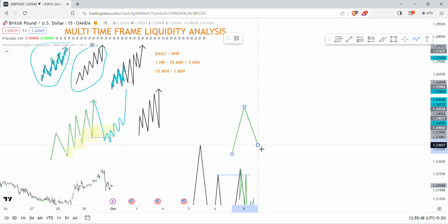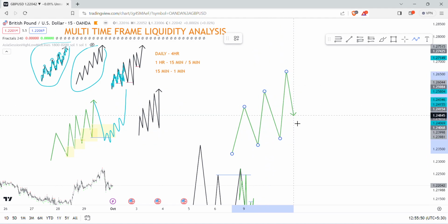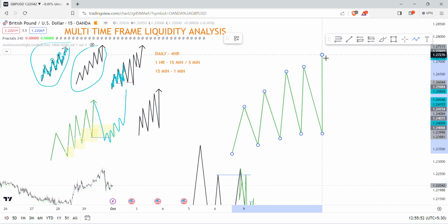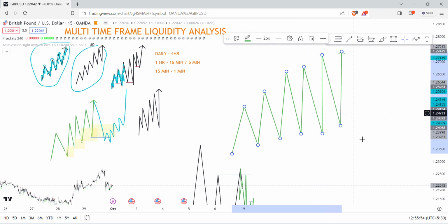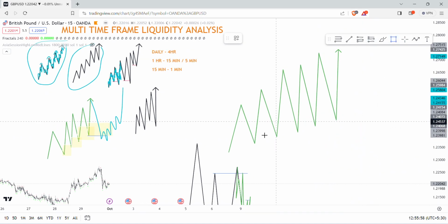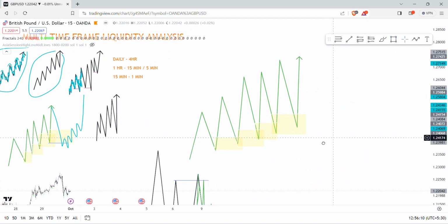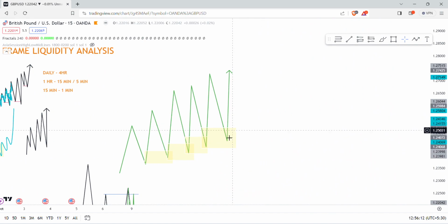See, I will explain again clearly. This is how normal people look at the structure, right? Break of structure, order block, break of structure, order block, break of structure, order block. Right? Many people will think the market moves like this, but it's completely a scam.